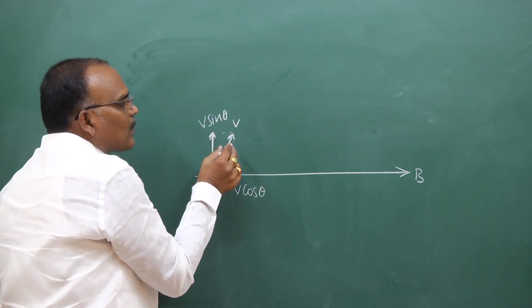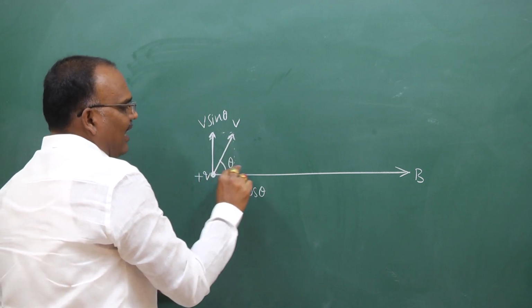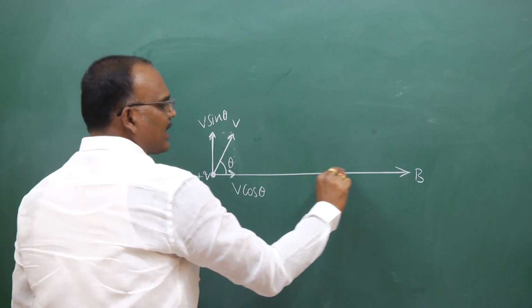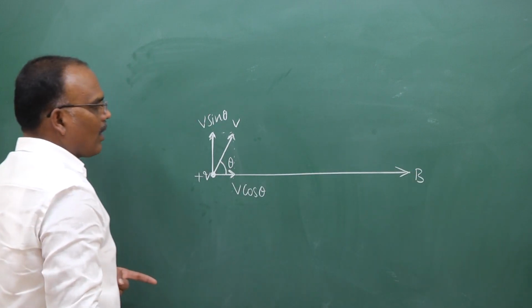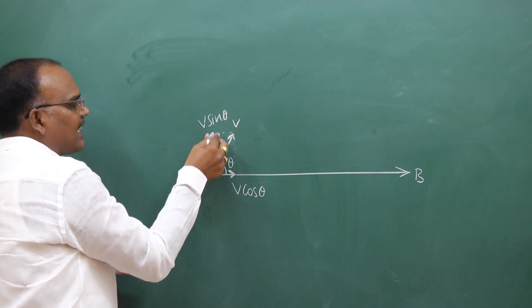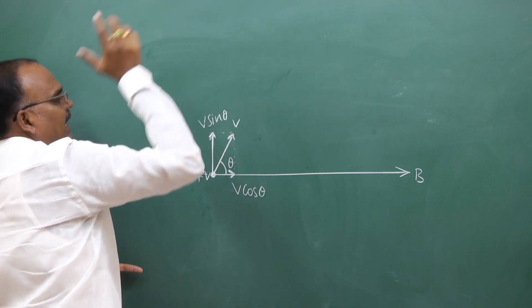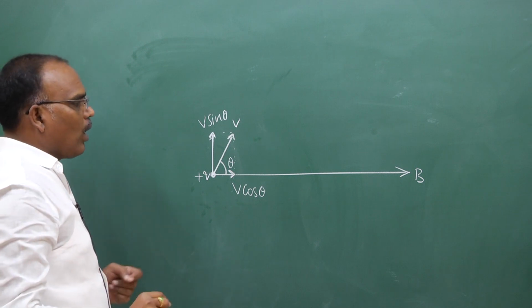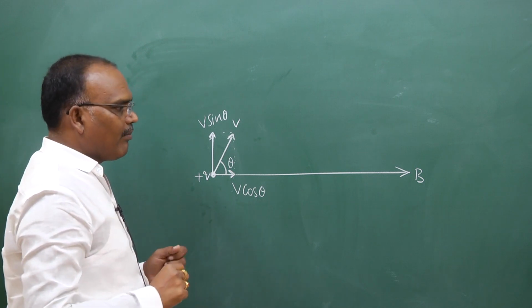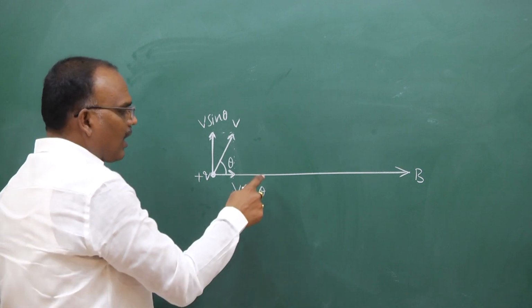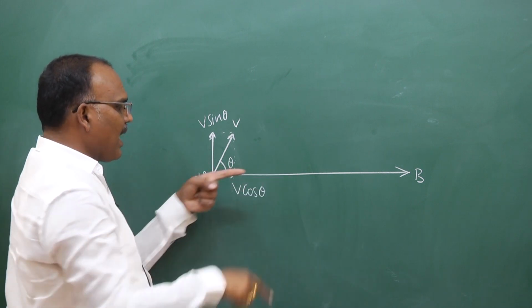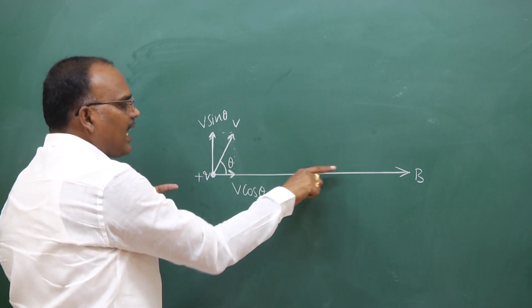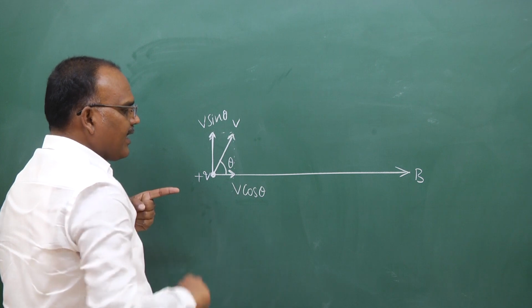Who is responsible for traveling along the x-axis? v cos theta takes the charged particle along the x-axis. v sin theta takes the charged particle along the vertical direction. Now I am going to apply magnetic force to the components. This is the magnetic field. The charged particle moving along the x-axis moves with velocity v cos theta.